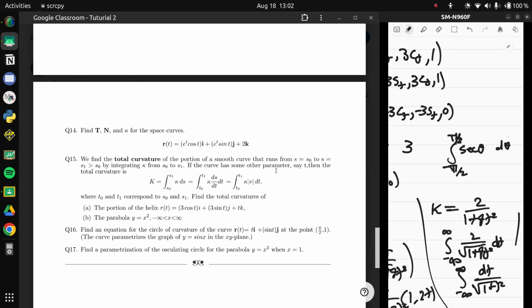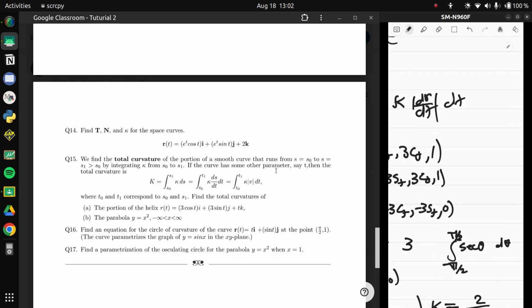So what do we do now? The integration is very well known: it's natural log of secant theta plus tan theta, from negative pi by 2 to pi by 2. At negative pi by 2 you just have negative infinity. That is really messed up.